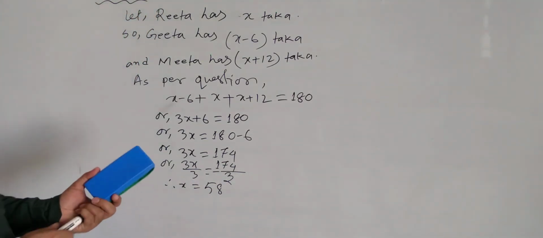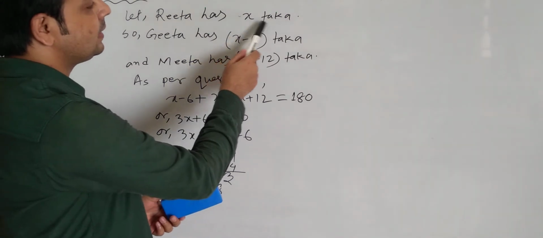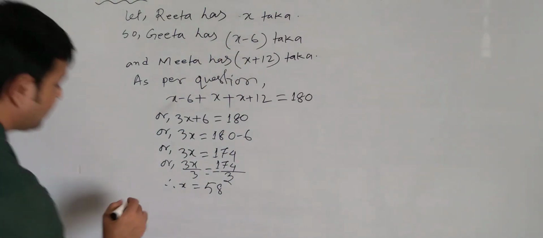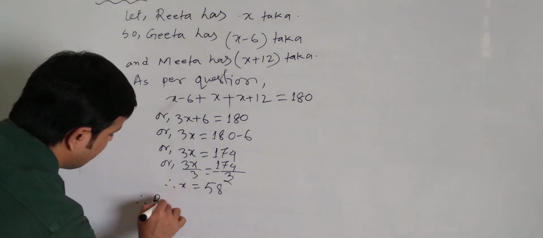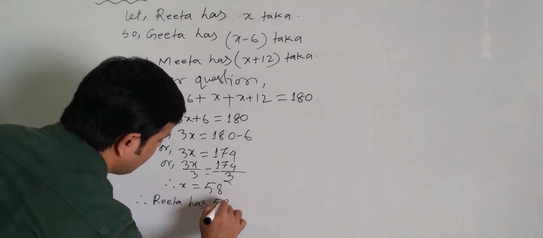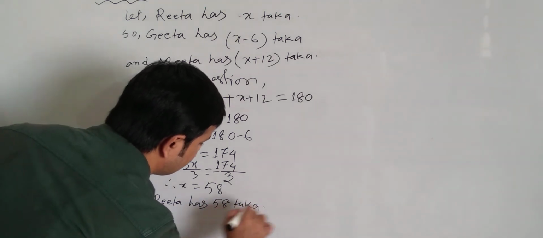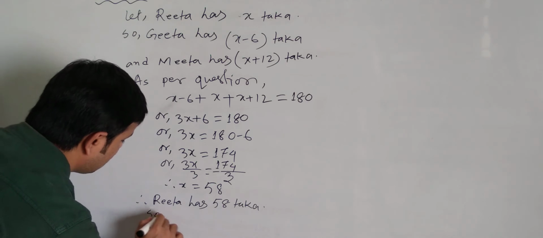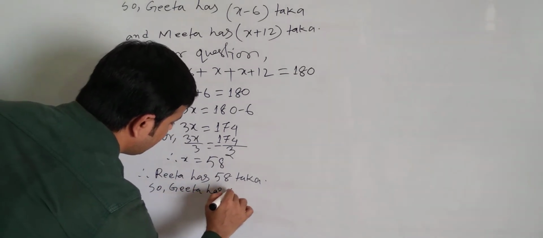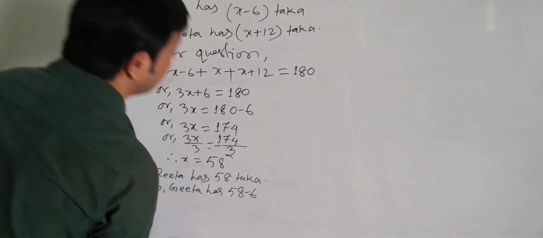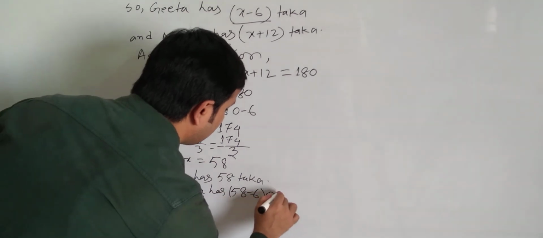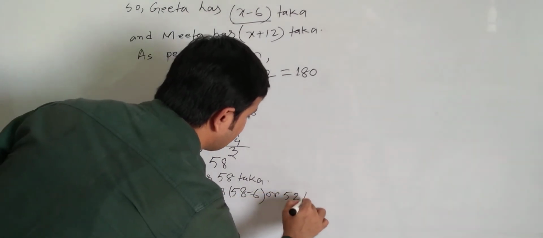It means that Rita has x taka. It means Rita has 58 taka. So we can write, therefore Rita has 58 taka. So Gita has 58 minus 6, as here is minus 6, or 52 taka.